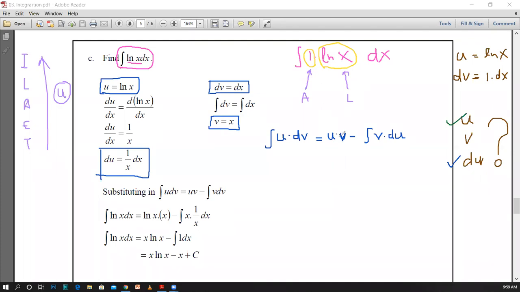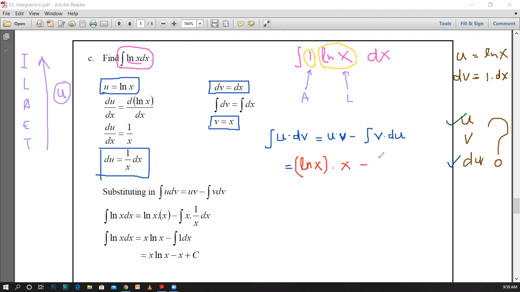Now you can substitute the values in the function. The proper substitution gives the value for u as ln x, and the value for v as x.